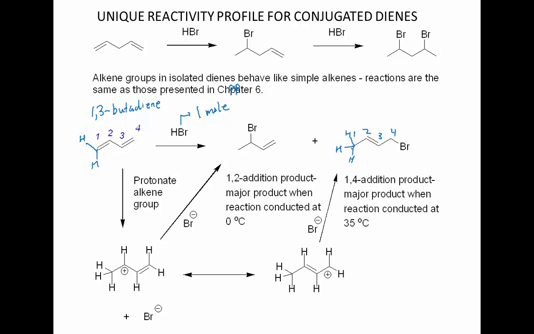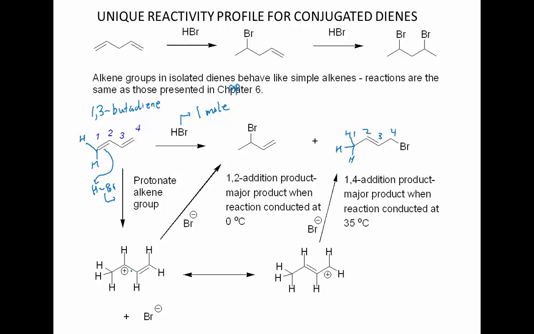If we look at the mechanism here, it starts out the way it did in chapter 6. We're just protonating the alkene group with HBr, and this is giving us the carbocation. Of course, a resonance structure can be written for the carbocation right here.